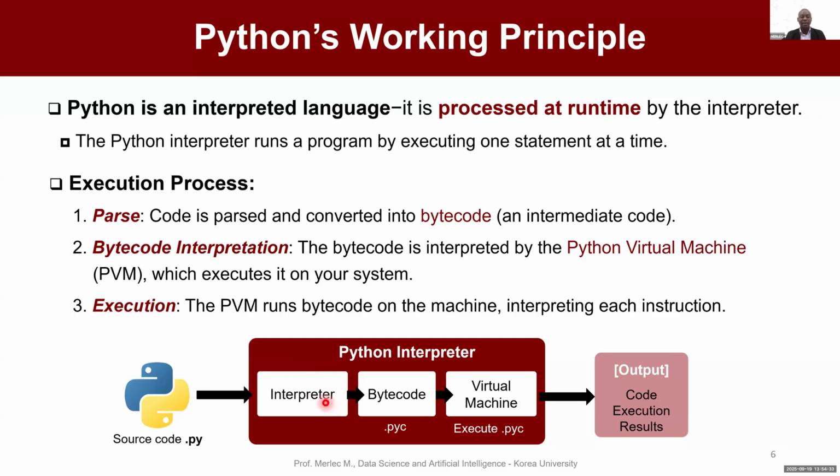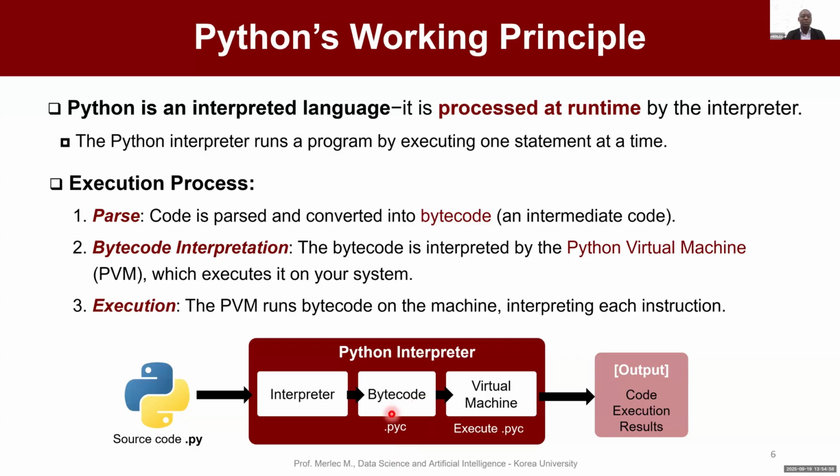and this Python script will be converted into bytecode. Bytecode refers to intermediate code, which is close to binary code. And bytecode will be saved in a file with the extension .pyc.